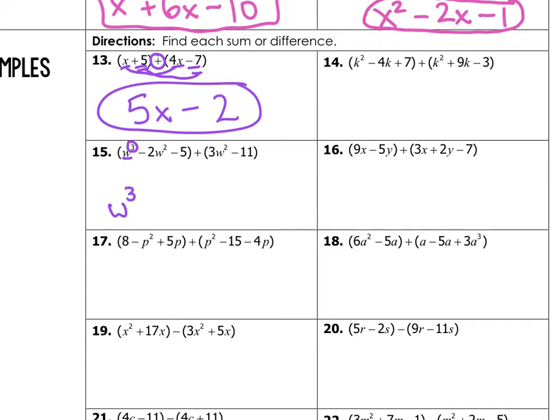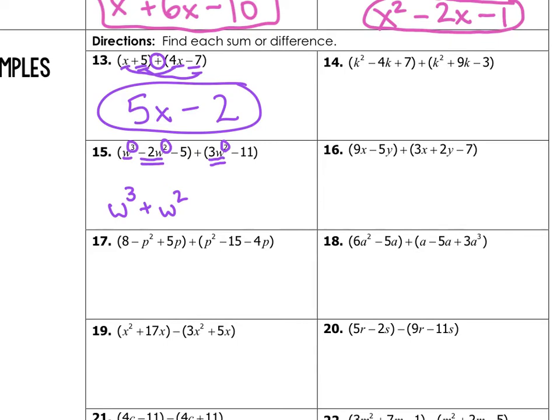Sorry about that. Then if I look for the next highest exponent, the next highest exponent is going to be 2. Well, look at this. I also have a 2 over here. So I'm going to end up combining this negative 2w squared and this positive 3w squared. So negative 2w squared plus 3w squared, that's actually positive 1w squared. Next highest exponent, we don't see another w.